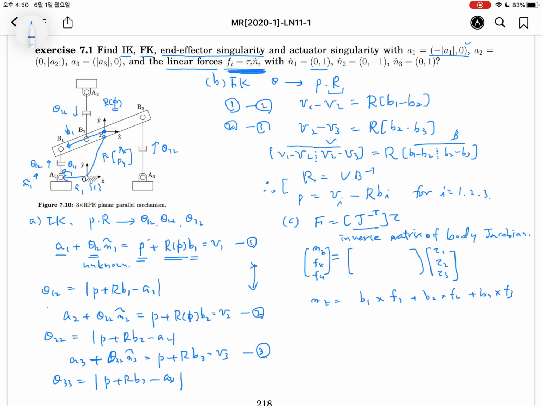But b is described in the body frame, so we want to unify every notation in the space frame, the fixed frame.